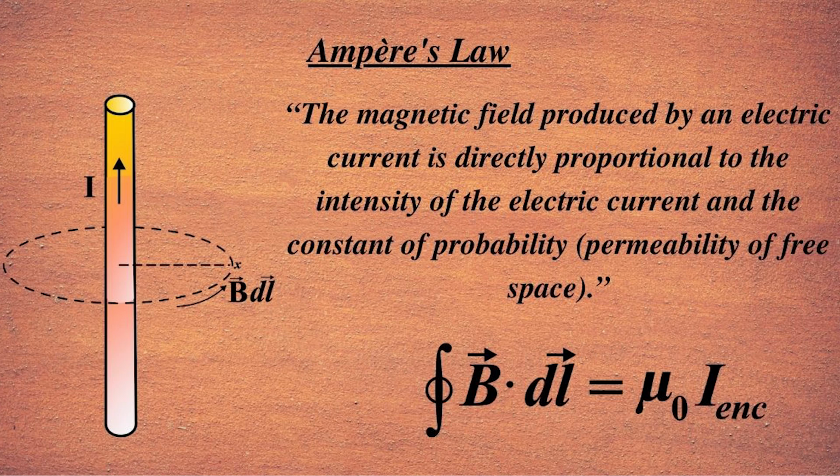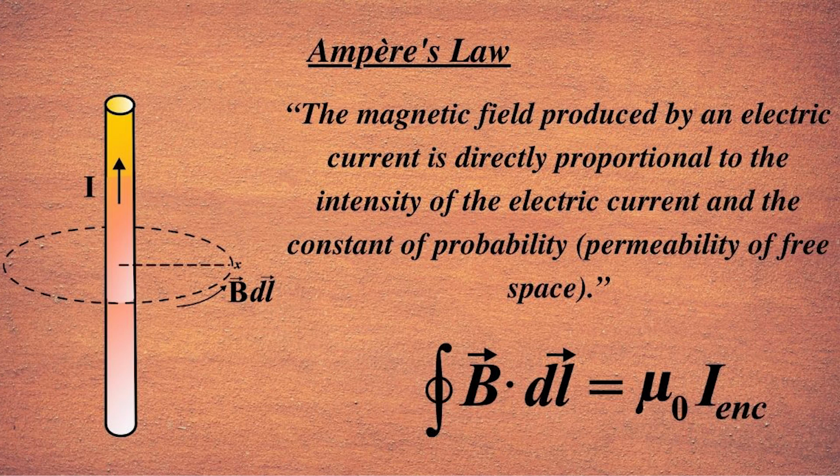Mathematically, it is the closed loop integral of H dot dl equals I enclosed, where H is the magnetic field intensity produced by the current I and dl is a differential element of the length along the path of integration. So, the Ampere's law for the current carrying conductor can be seen from the figure.